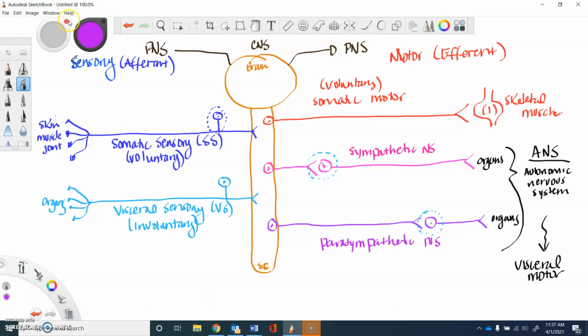There is an extra organ in here that I want to point out. There's another neuron, just like it's a sympathetic neuron, just like the one above it. Looks exactly like it, like this. But instead of going to another neuron to go to an organ, it actually goes to a specific organ. This organ is called the adrenal gland.